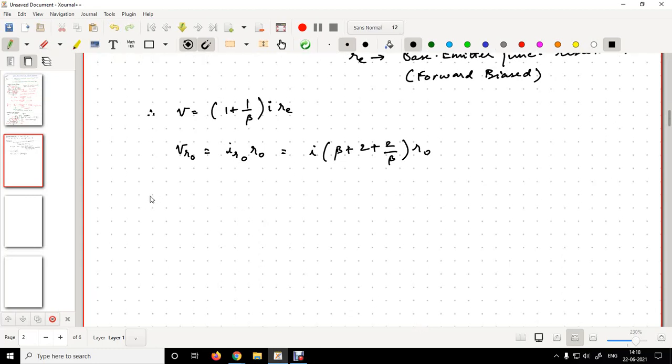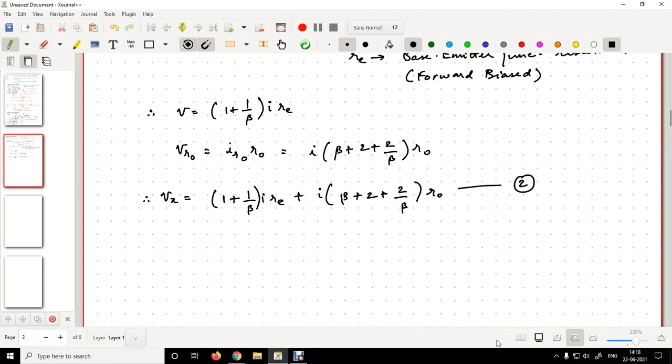Therefore Vx is equal to 1 plus 1 by beta into I into RE plus I into beta plus 2 plus 2 by beta into R naught. I will call this equation 2.